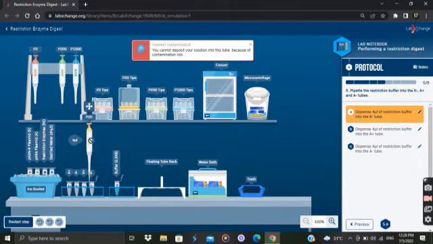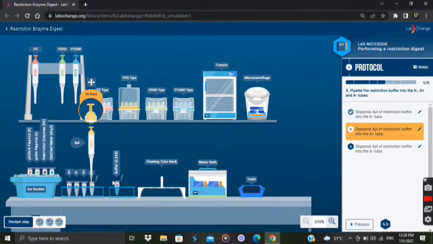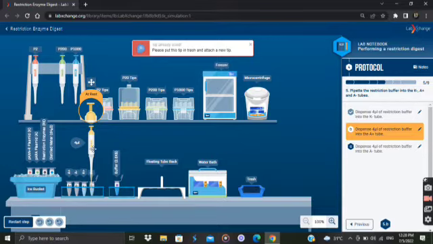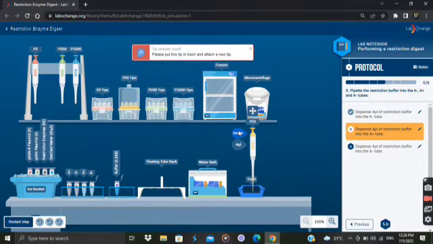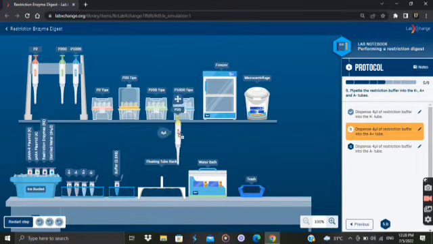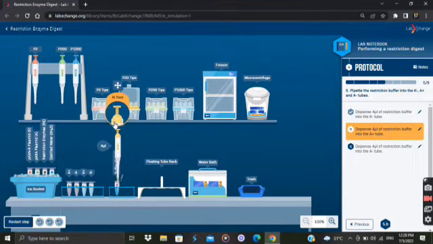Then we are going to eject the tip and attach a new tip. Dispense 4 microliters of restriction buffer into the A positive tube. We are going to close this K negative tube.